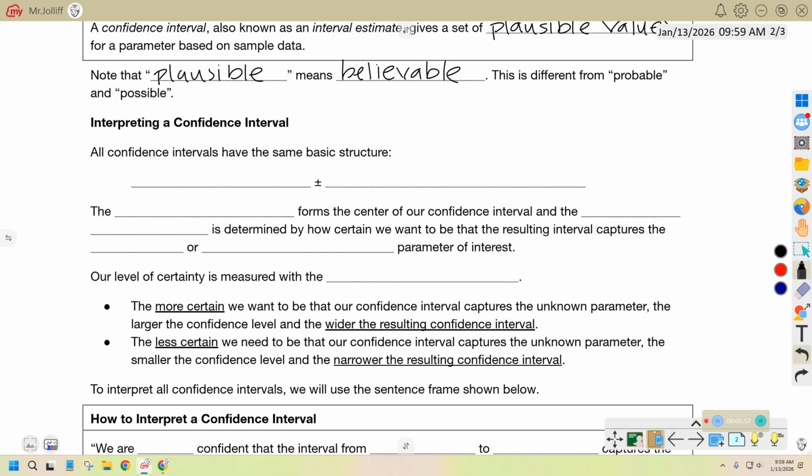They start with our point estimate, our sample statistic, and then based on how certain I want to be that my interval contains the actual population value, I'm going to build a margin of error out in either direction.